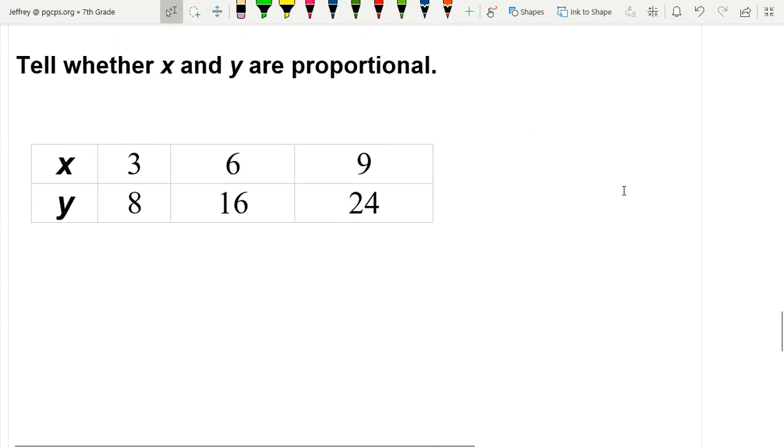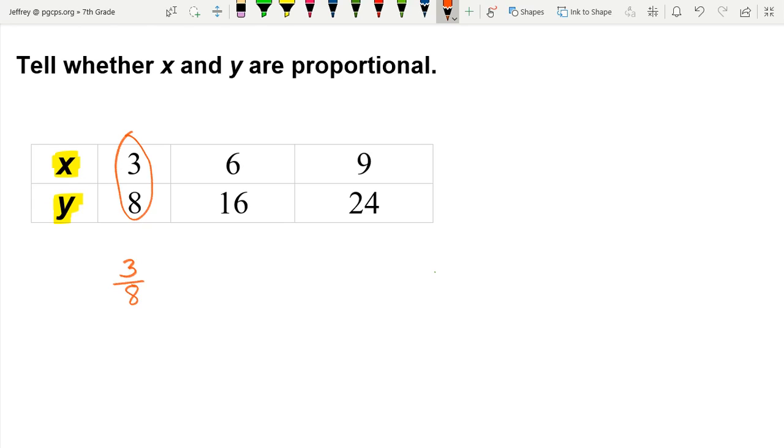Tell whether the x and the y values are proportional. So how do we know if x and y are proportional? Remember, x is being compared to y. So that means that 3/8, these quantities right here, would be your ratio.